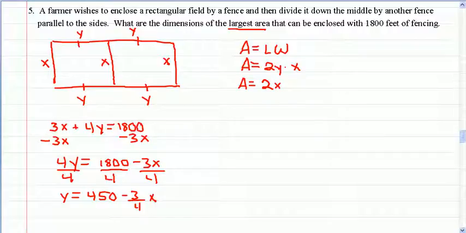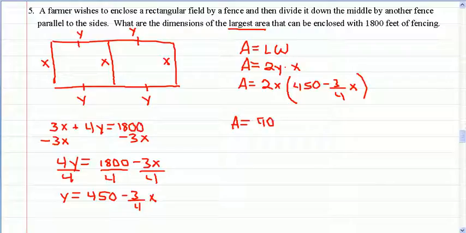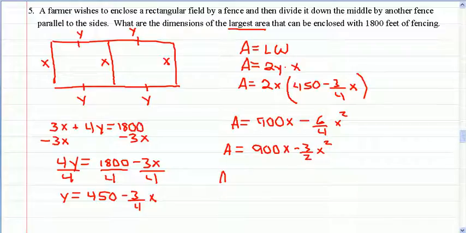So if I write 2x times y, just reverse the two letters, and then 450 minus 3/4 x, and distribute, I can simplify this as 900x minus 3 over 2 x squared, so that the first derivative is equal to 900 minus 3x.